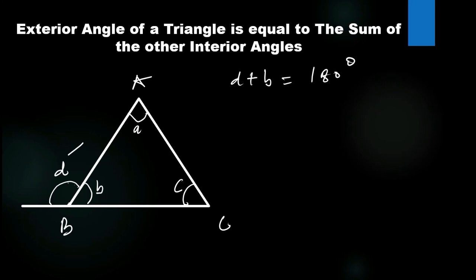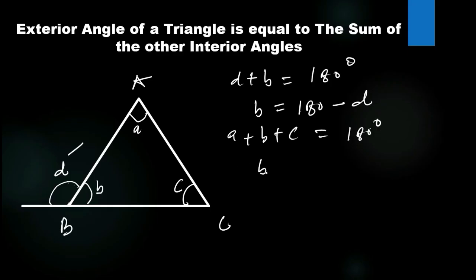They're actually supplementary angles and are angles on a straight line. B will be the same thing as 180 minus D. Also, A plus B plus C is equal to 180 degrees. So B now will be the same thing as 180 minus A minus C.